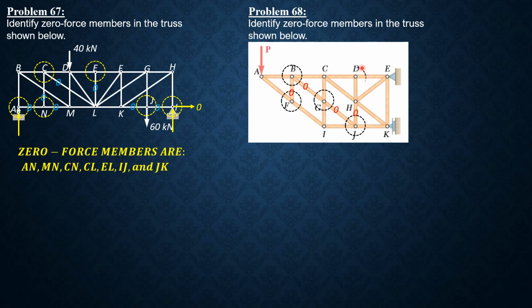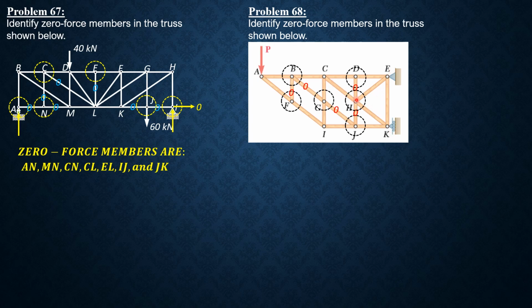Then if we proceed to joint D, this is case 2. Two are collinear, CD and DE. Automatically DH is 0. Then if we proceed to joint H, there are actually 5 members, but we remove DH and ignore HJ, so it reduces to 3 members, CH, HK, and HE.